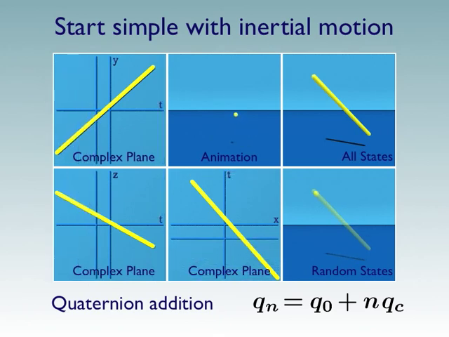I had to surround it with all these other images. I've got 3 complex planes over on the left-hand side. I've got a ty that shows how high it goes. I've got a tz, how far back it's going, and an xt that shows that it's moving to the left.